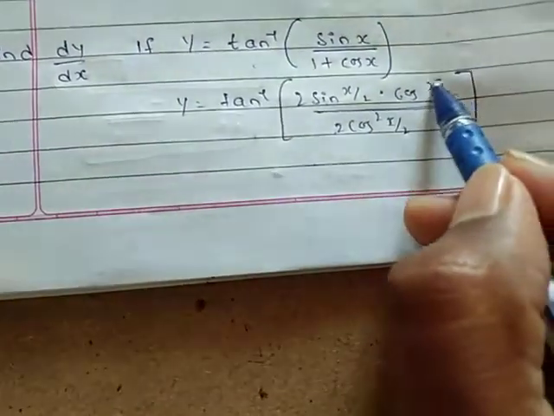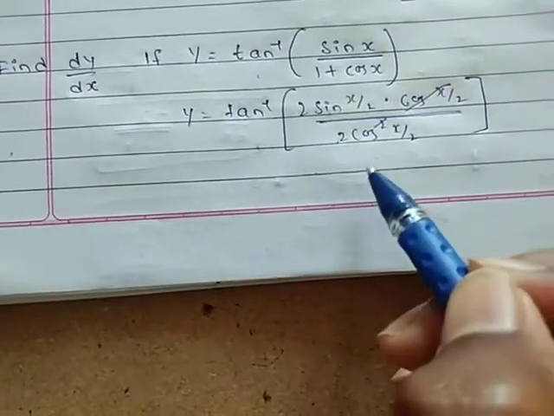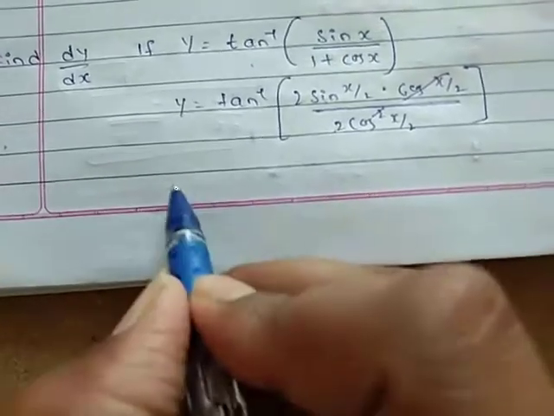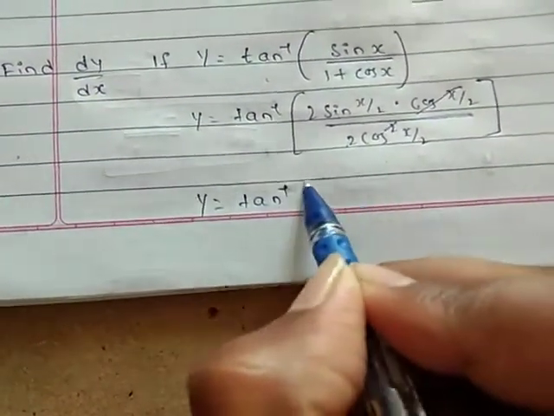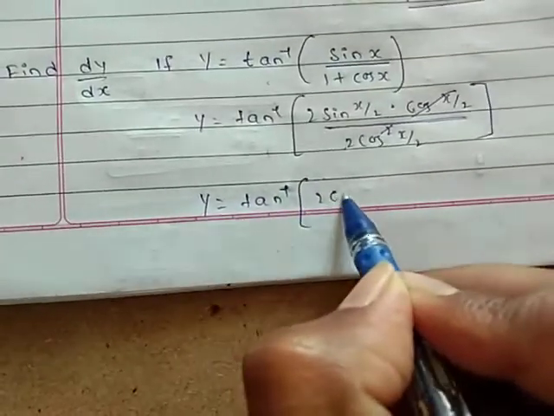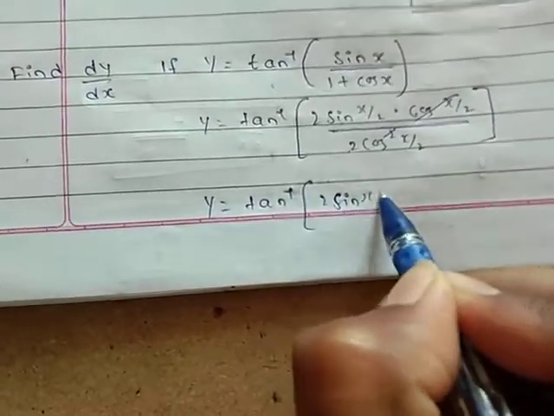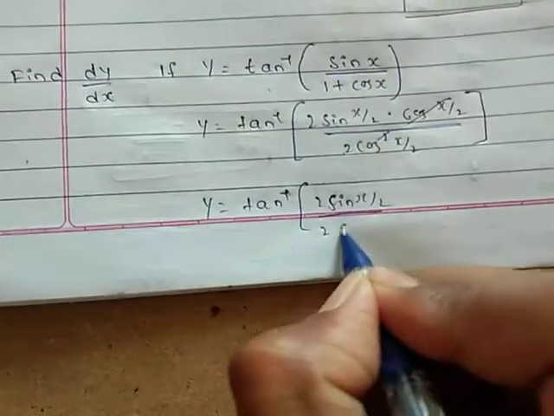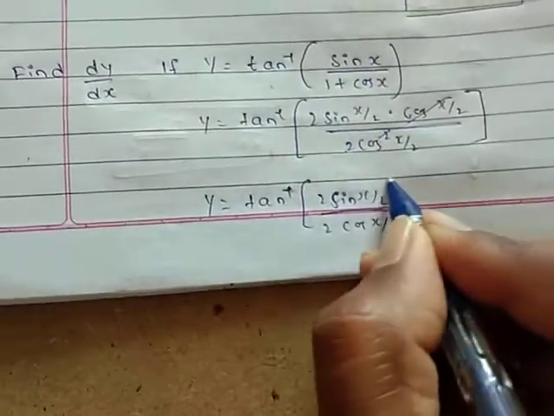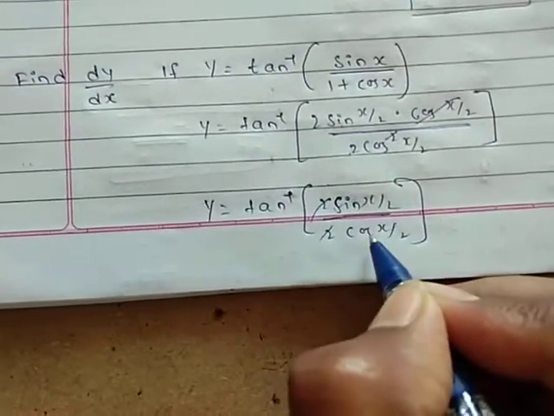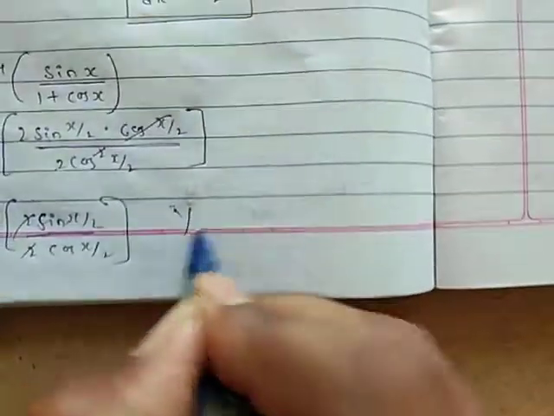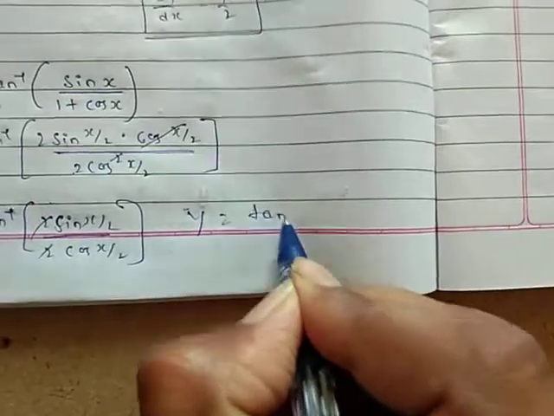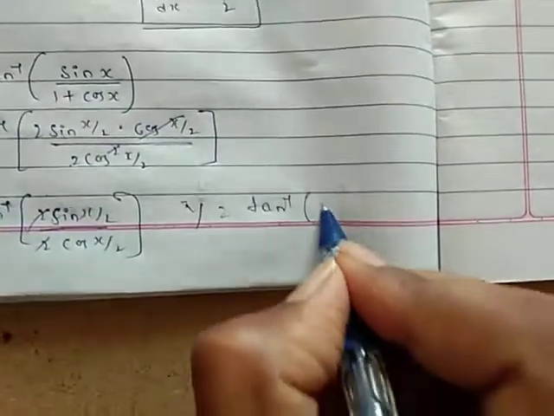Here one of the cos x by 2 in the numerator cancels with one in the denominator. The remaining thing is y is equal to tan inverse of 2 sin x by 2 divided by 2 cos x by 2. Here the 2 cancels. The sin x by 2 divided by cos x by 2 can be written as, so y is equal to tan inverse of tan x by 2.